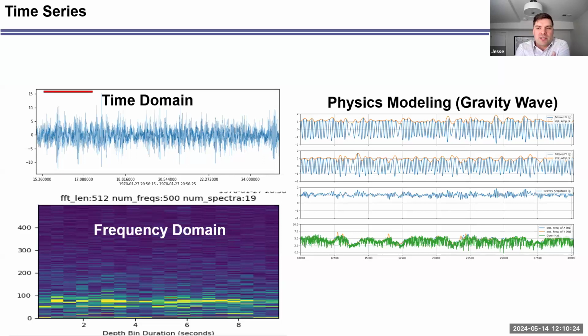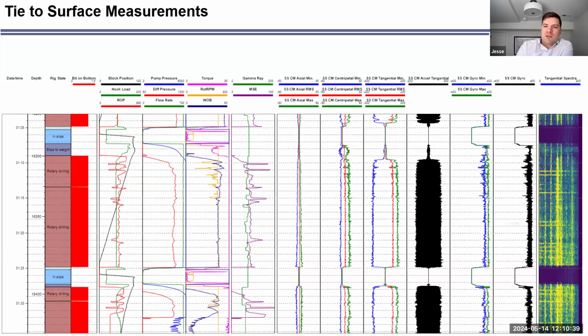So if you do these calculations right and you're getting clean measurements, you should be able to compute a gravity wave signature that shows up at 1G.